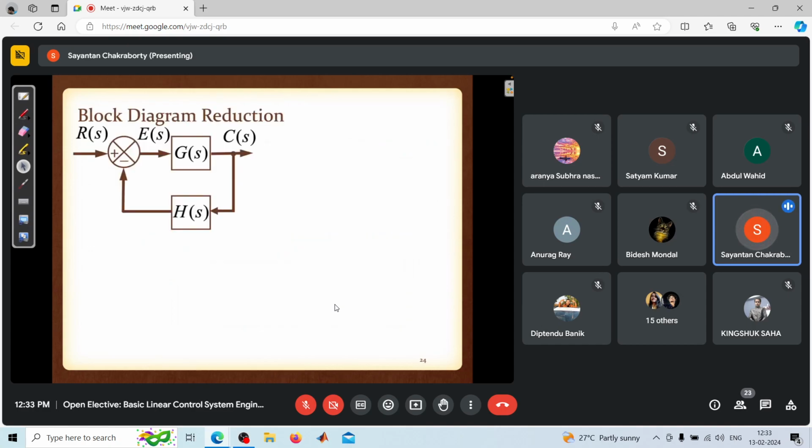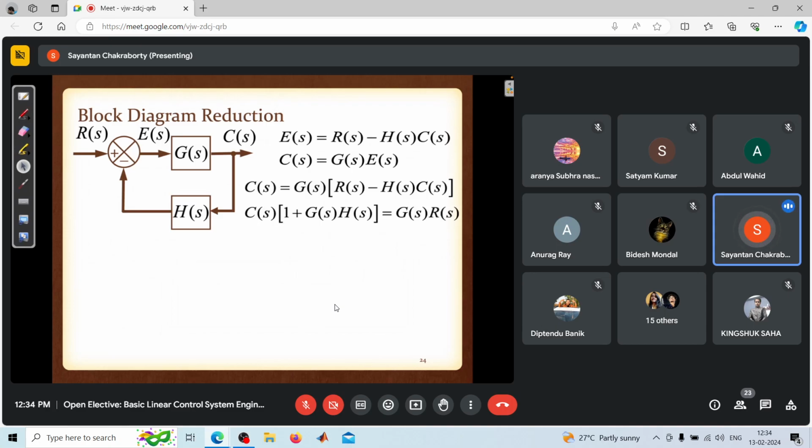See, this is the standard form where R(s) is the input, C(s) is the output, H(s) is the feedback element, and E(s) is the actuating signal. There is a difference between R(s) and C(s)H(s). So E(s) is given as R(s) minus C(s)H(s), and C(s) is again a function of E(s), in the sense C(s) equals G(s) into E(s).